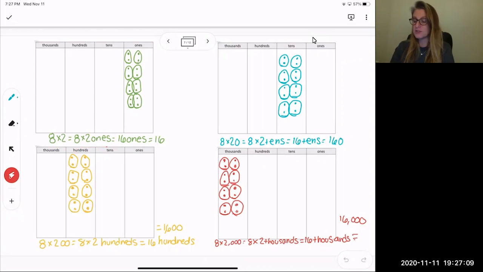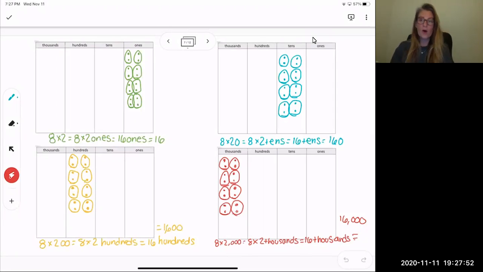And then that is equal to 16 1s, which is equal to 16. 8 times 20 is equal to 8 times 2 10s, which is equal to 16 10s, which is equal to 160. 8 times 200 would be 8 times 2 hundreds, which gives us 16 hundreds, which gives us 1600. And finally, 8 times 2000 is equal to 8 times 2 thousands, which is equal to 16 thousands, which is equal to 16,000.